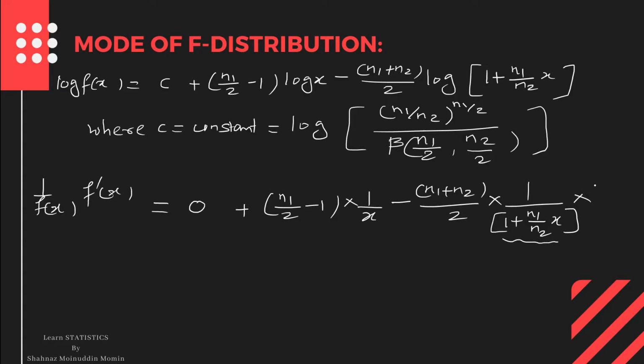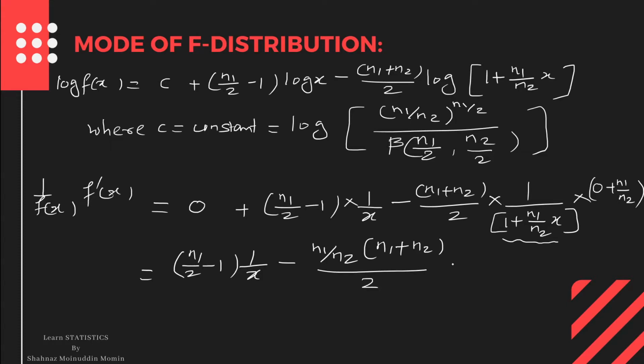Since this is a composite function, it is 0 plus n1 by n2, which is equal to (n1 upon 2 minus 1) upon x minus n1 upon n2 into (n1 plus n2) divided by 2, into 1 by (1 plus n1 by n2 x).